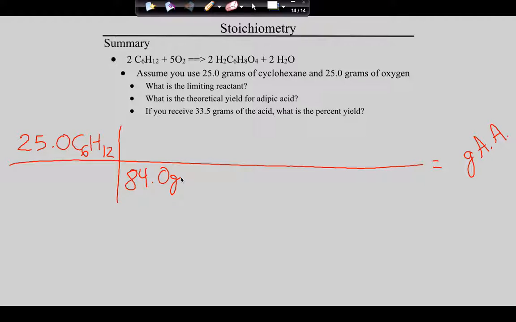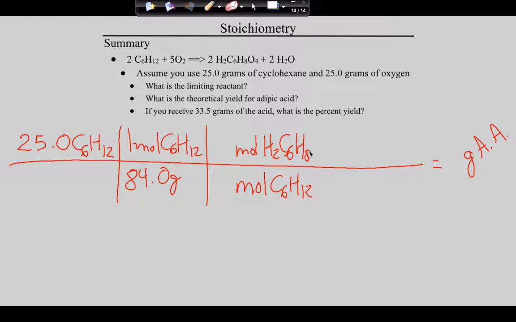84.0 grams is 1 mole of C6H12. Then we need to know the mole-to-mole ratio of C6H12 to C6H8O4. And guys, that ratio is found from the balanced equation.